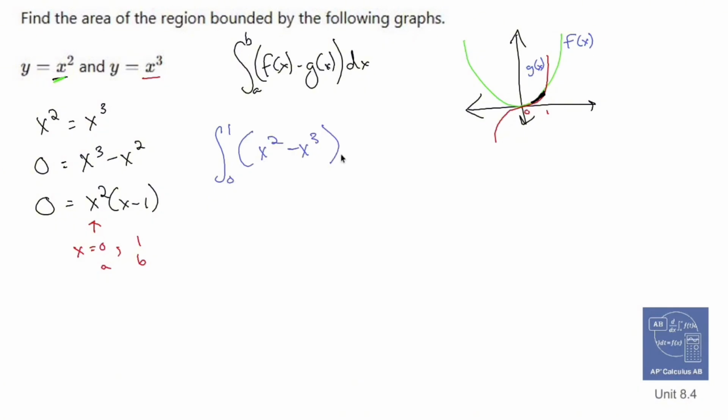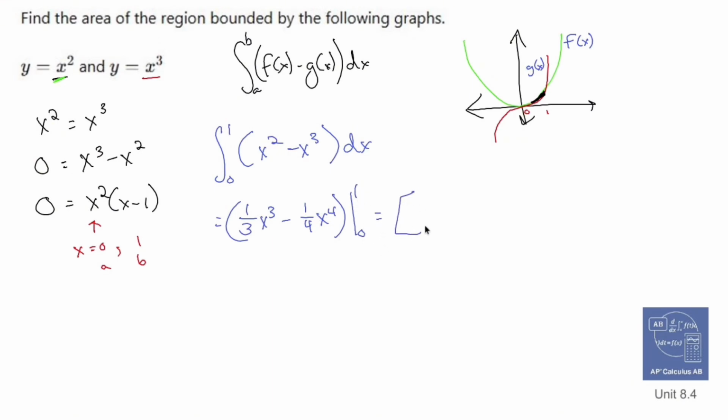Integrating that is going to give us 1/3 x to the third minus 1/4 x to the fourth, with limits at 0 and 1.